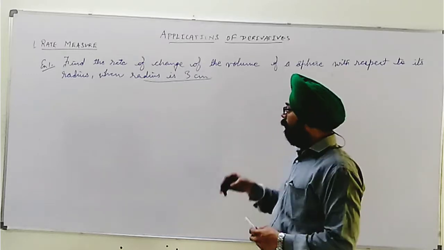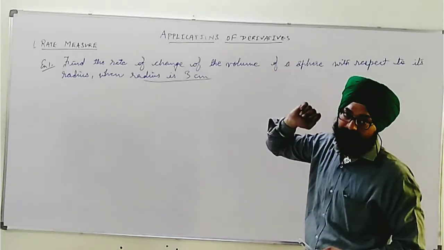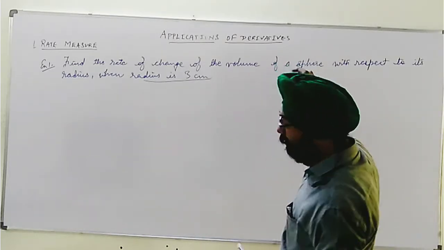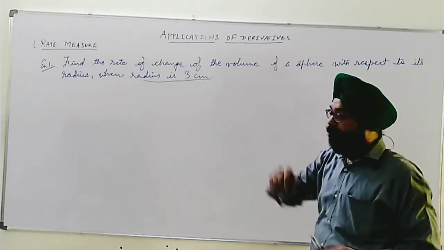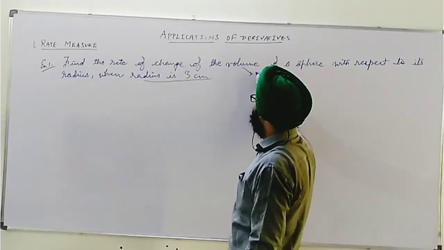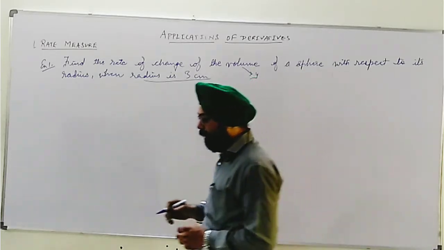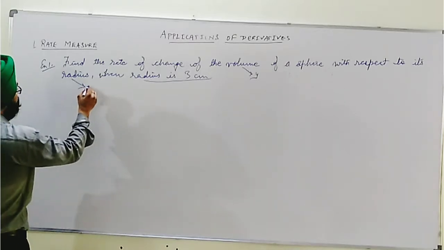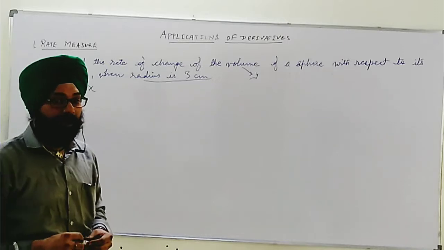Now let's see, we need to find a change in volume with respect to radius. That is, we are observing the change in volume of the sphere on the basis of radius. So obviously volume will be considered to be y. That's in conventional methods we consider y, which is a dependent variable, and radius as x, which is an independent variable.